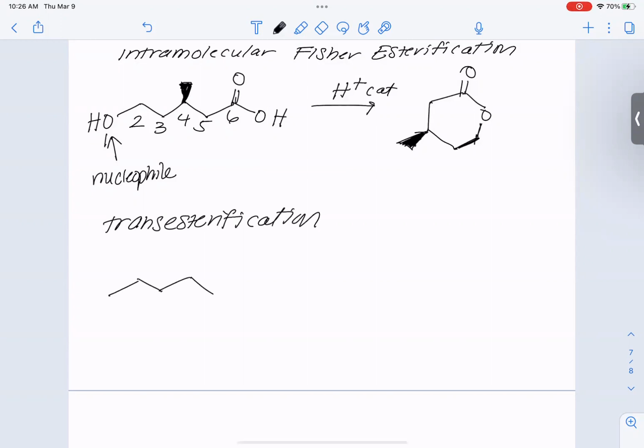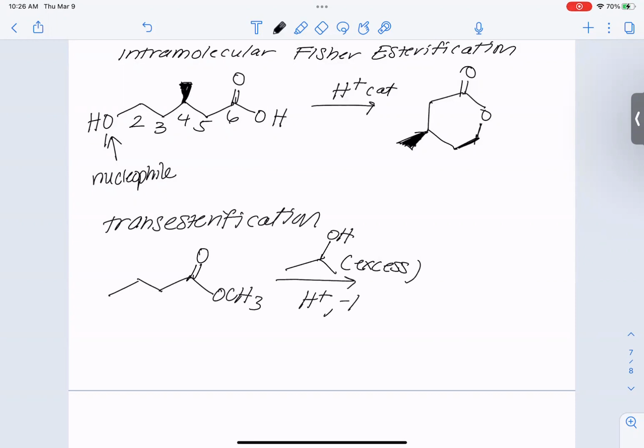If you have an ester and you add an excess of another alcohol, and you add an acid catalyst and you remove, well, here you would remove methanol, not water, but I won't include that. You can change out the ester group, because again, this reaction is reversible.